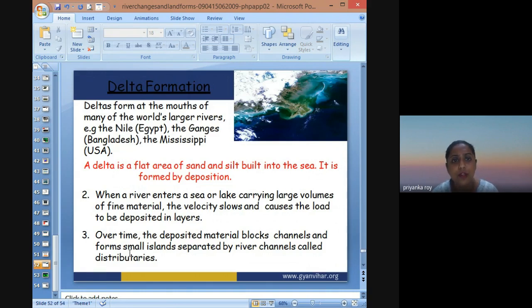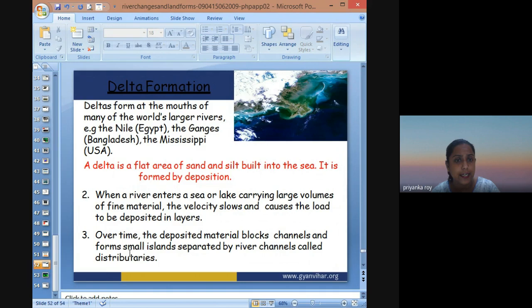Deltas form at the mouth of the river. Many of the world's largest deltas, like the Nile, the Ganga-Brahmaputra Delta, and the Mississippi, are all large deltaic formations.